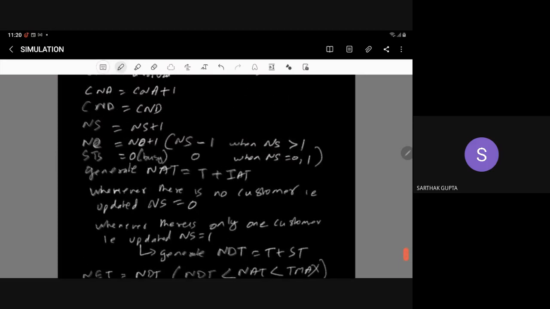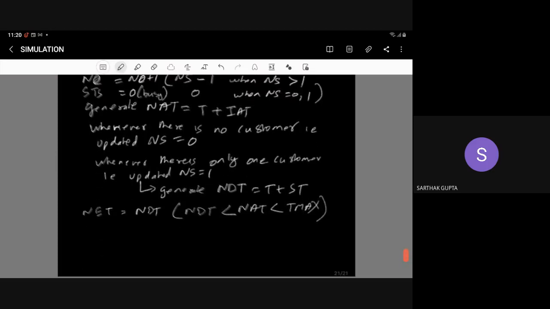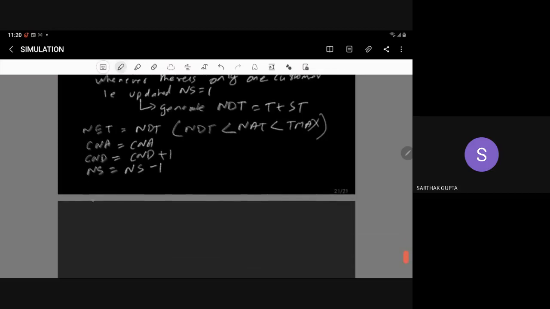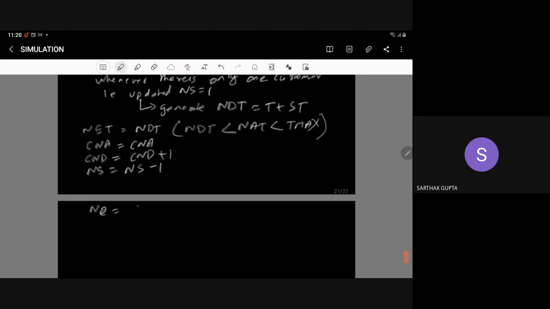So due to the NDT, next departure time, what will happen? CNA will remain as it is, because CND measures the cumulative number of departures. So CND will increase by 1. The number of customers in the system will decrease by 1, and similarly NQ also decreases by 1.